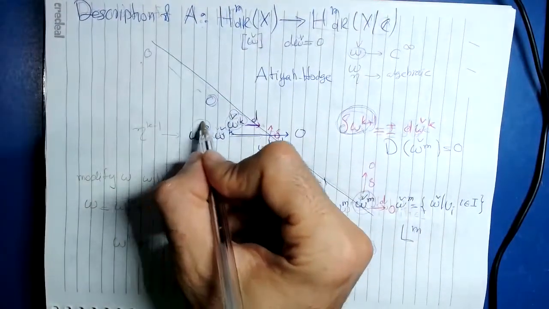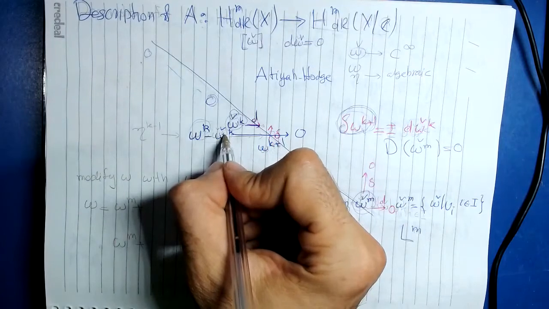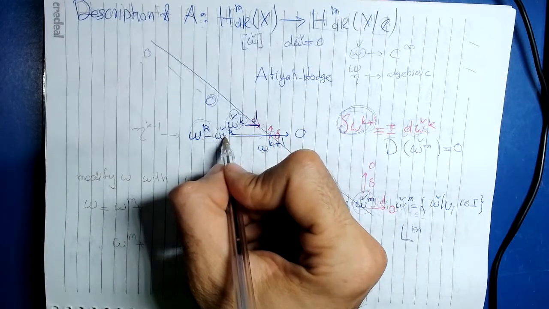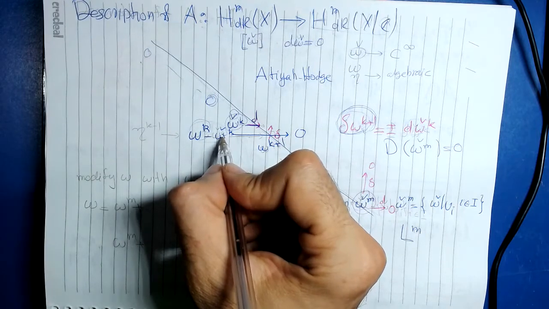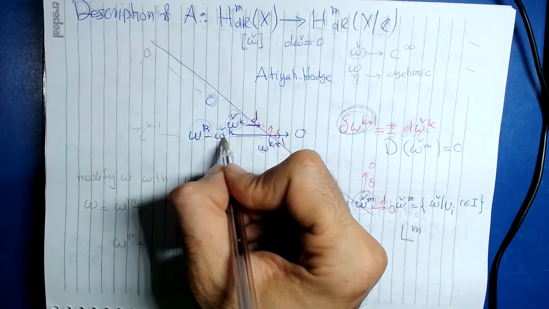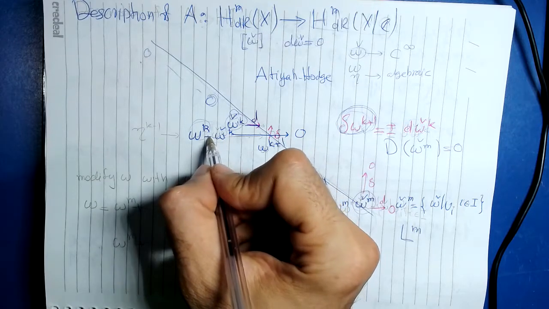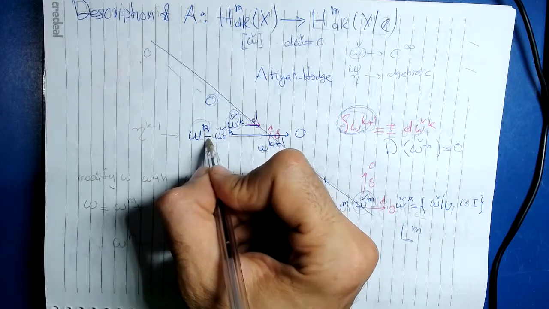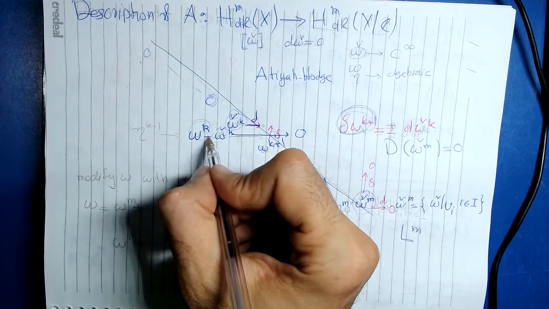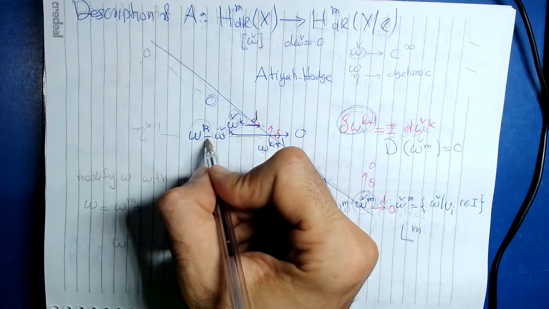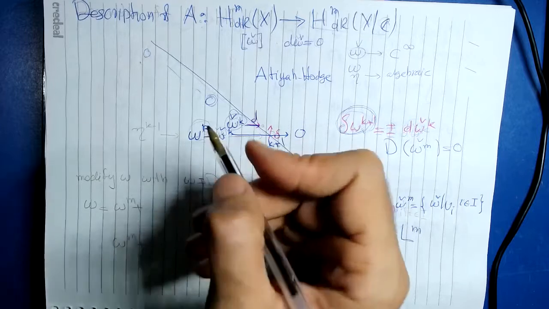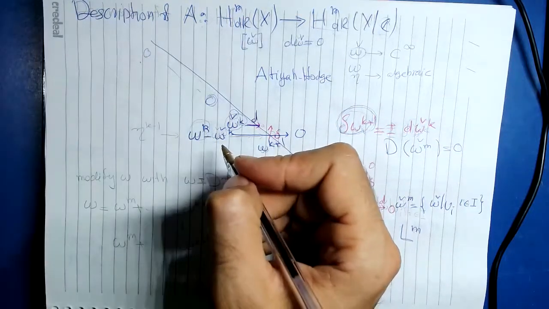We have a closed differential form on an affine set, since the intersection is the intersection of m minus k plus 1 open sets. And again the Atiyah-Hodge theorem, the second part, says that this differential form is represented by an algebraic differential form.